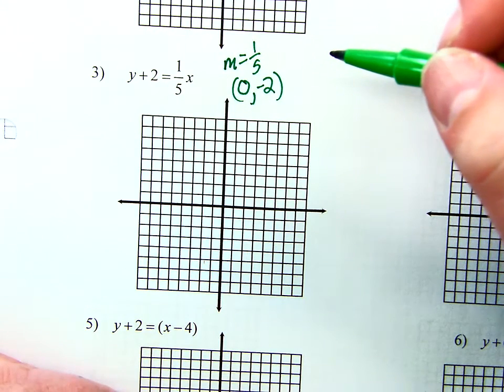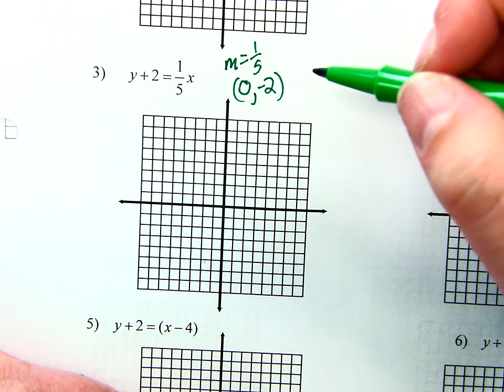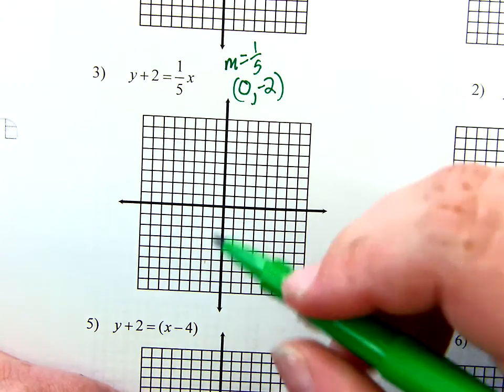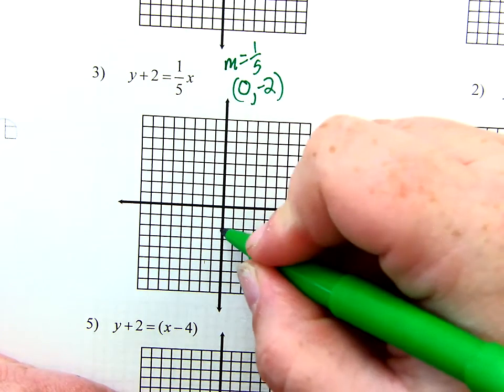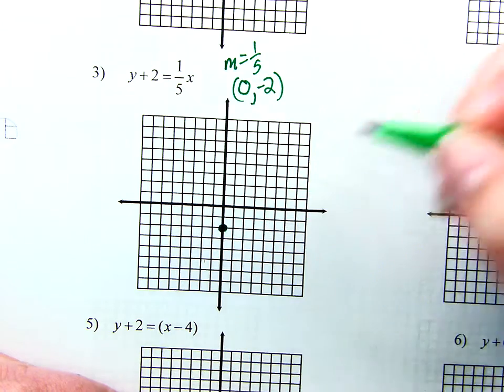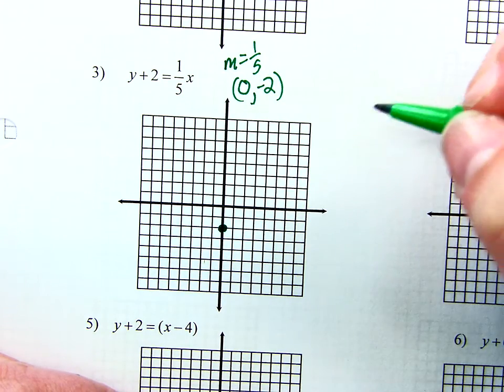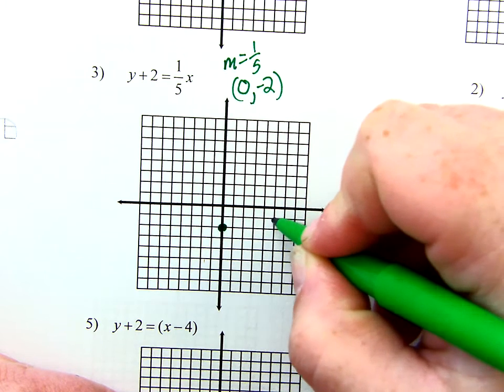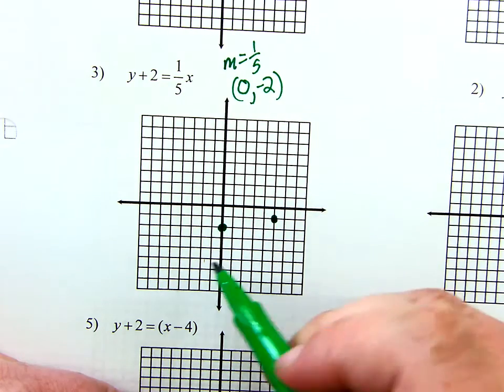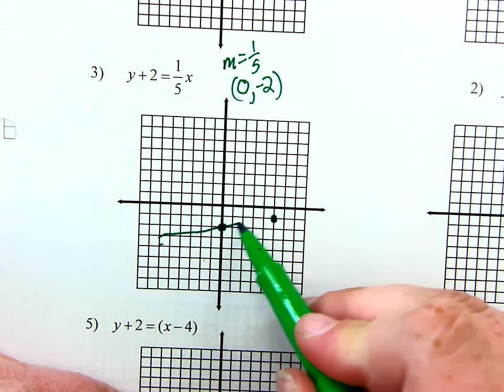And you've got to know where (0, -2) is on the grid. It means you don't go left or right, but you go down 2. That's where we all should have started. And then a slope of 1/5: up 1, to the right 5. And that's that one.